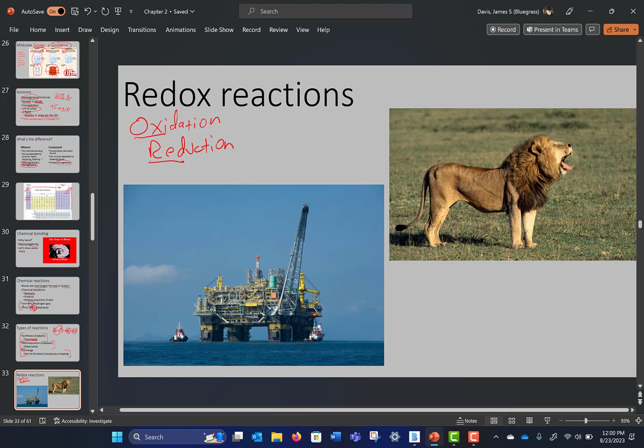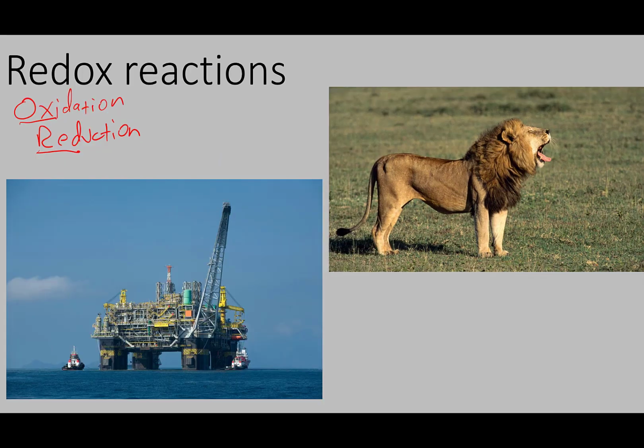So that is our example of a redox reaction. What's the point of these images that I have? Well, losing electrons is oxidation. Gaining electrons is reduction. And Leo the lion is saying, grr.